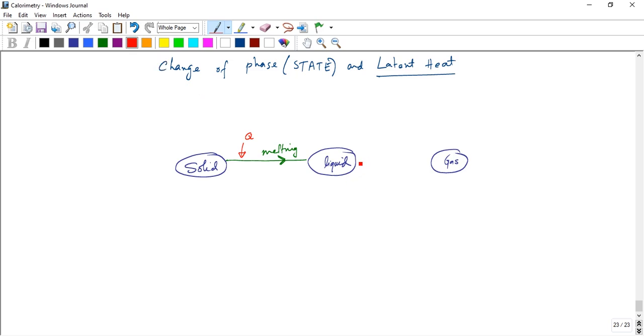Similarly, if liquid gets some amount of heat Q, then liquid turns into a gas, and this is called vaporization.